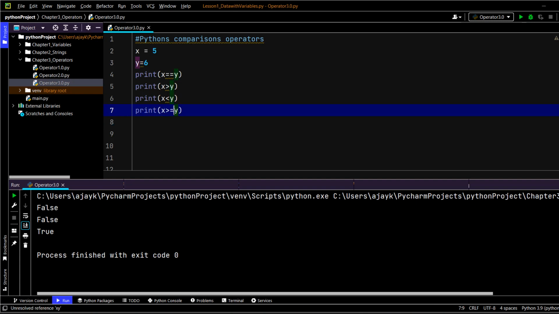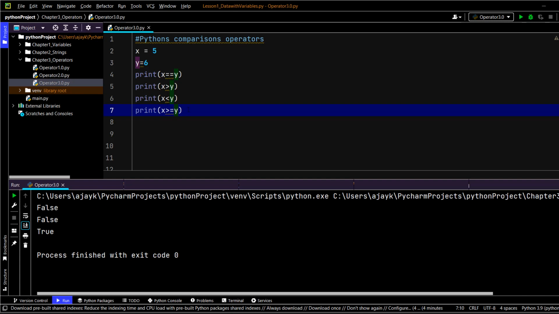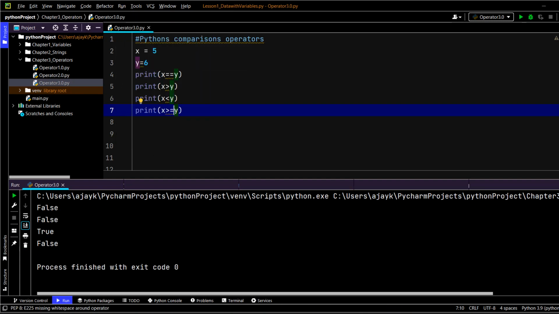Greater than or equals to is also there. Greater than or equals to means if x and y are equal or x is greater than y, I'm using or, remember, right? In this case, x is not equal to y, and at the same time x is not greater than y, so we'll get false. Look at this.